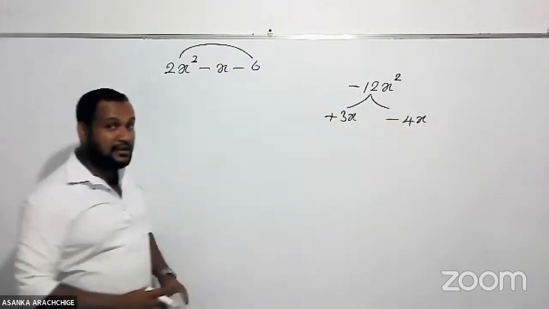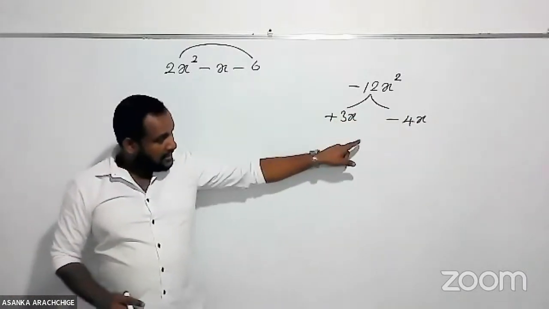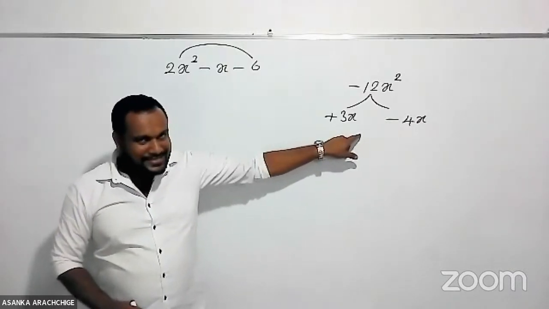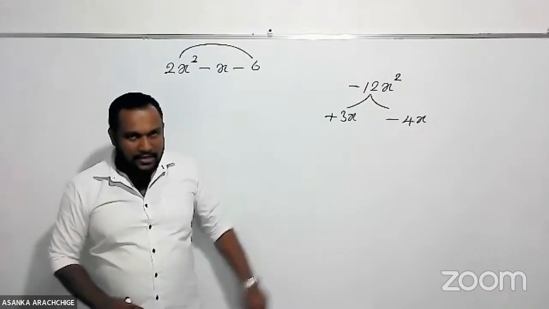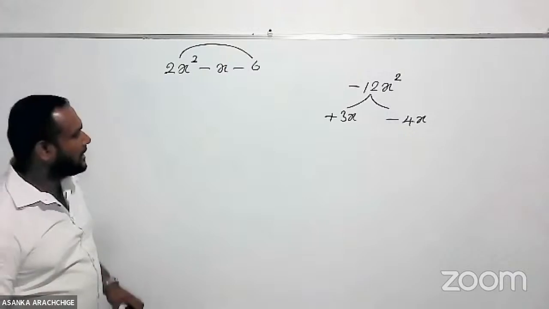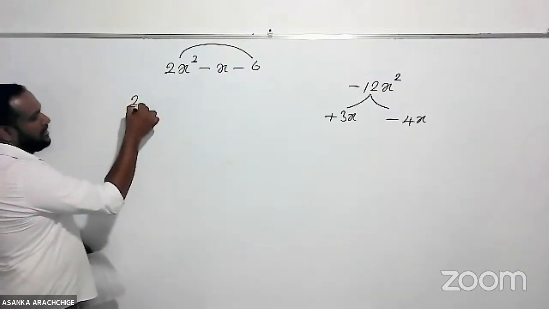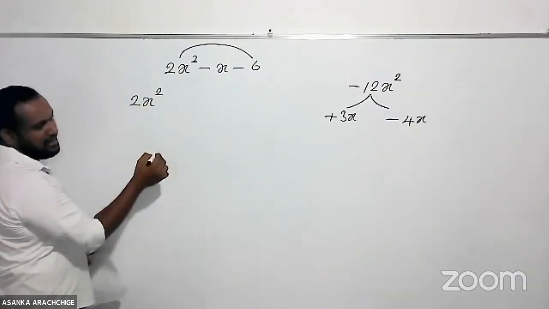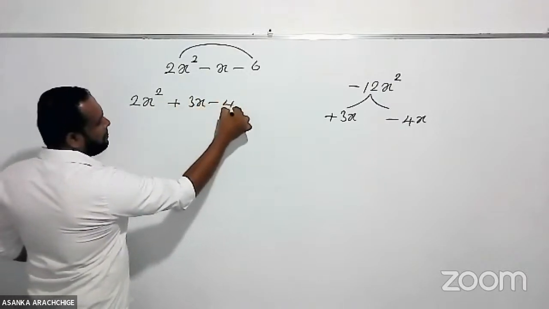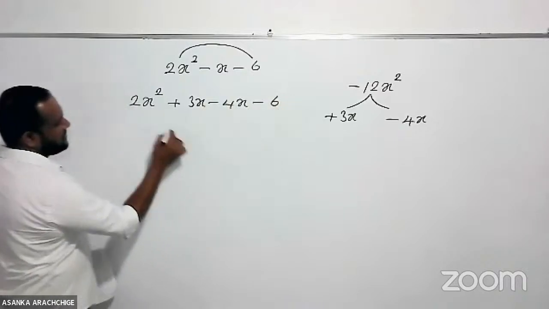Now check again whether these two factors satisfy both conditions or not. They satisfy. Now you can write the first term 2x squared plus 3x minus 4x minus 6.